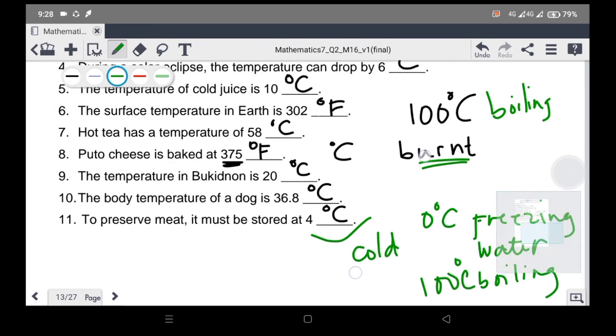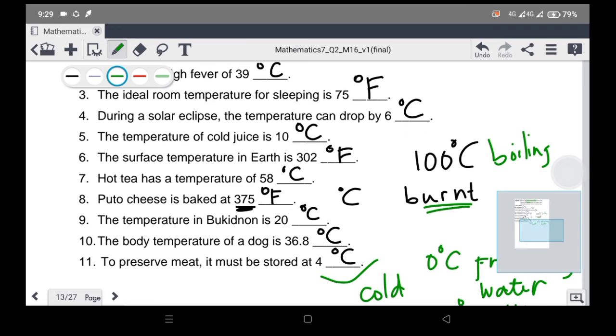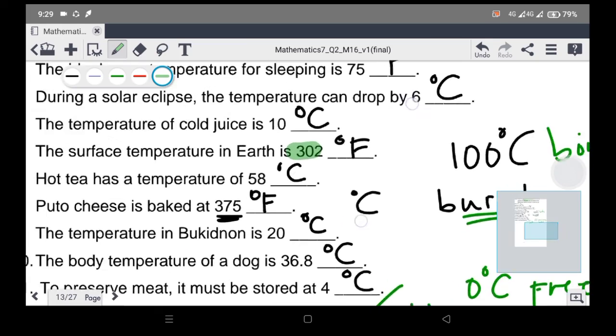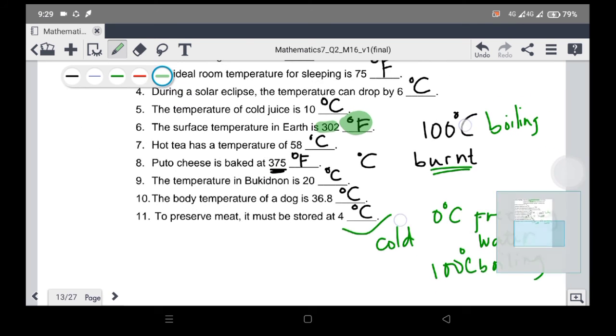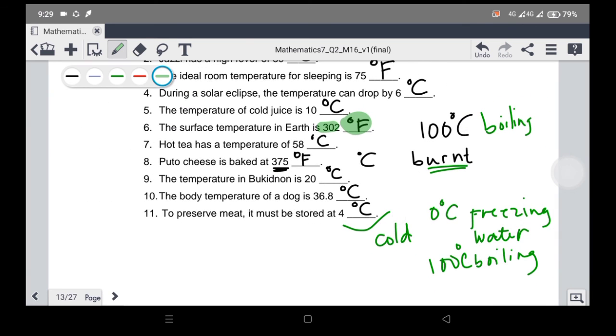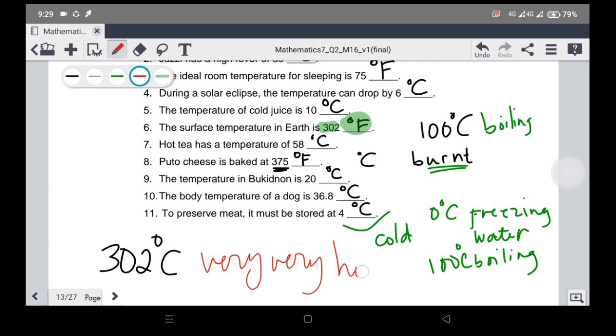As you notice here in our activity, for numbers such as 302, we chose degree Fahrenheit, because 302 degrees Celsius is already very hot, so no one can survive that.